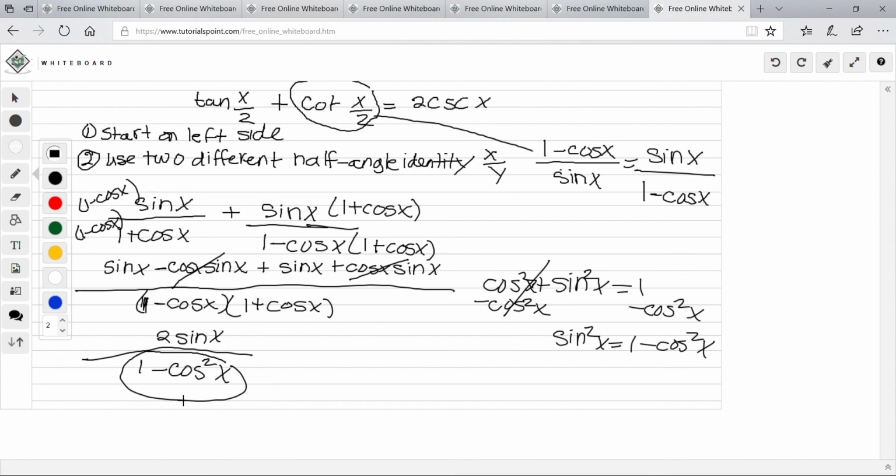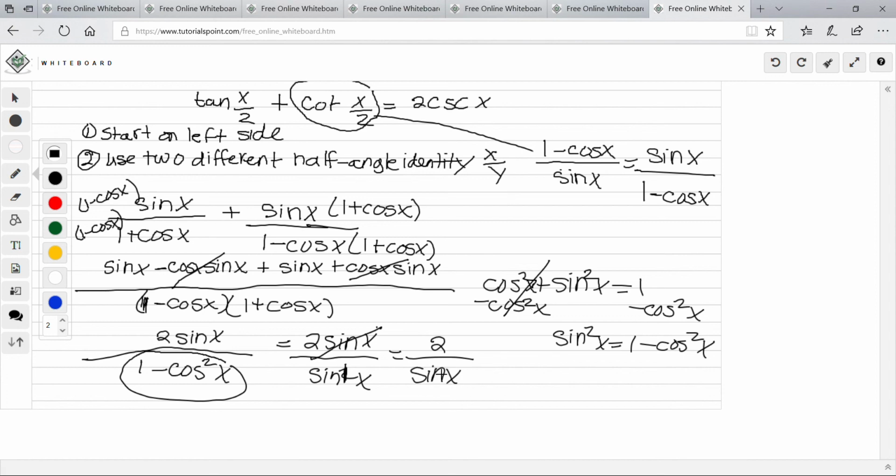So over here, on our new denominator, we could put sine square x. So the numerator stays the same, so 2 sine x divided by sine square x, because we got it from this formula. So one of the sine x cancels, so you're left with 1 on here. So that becomes 2 over sine x.